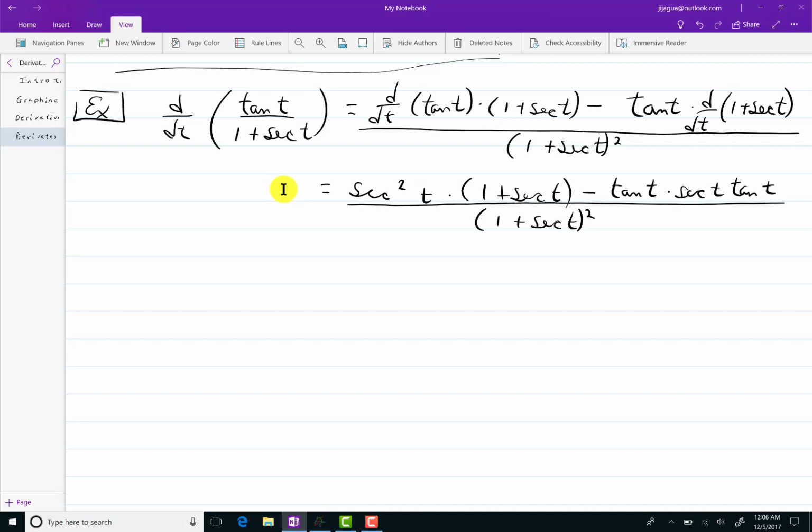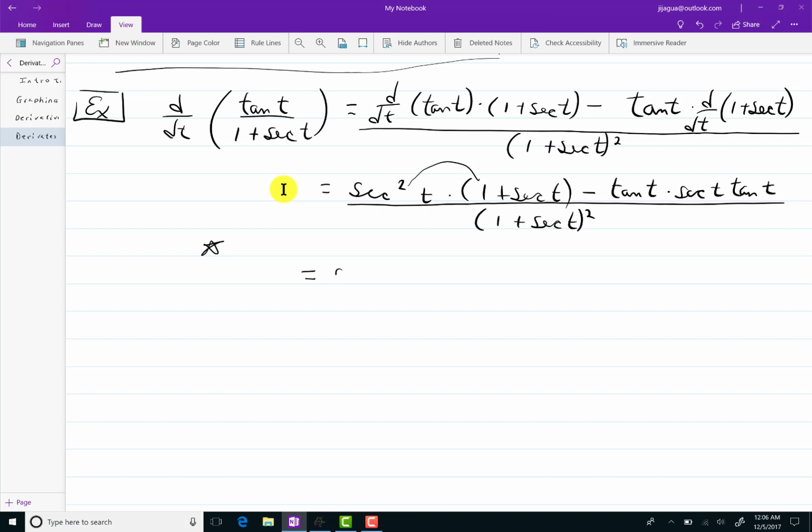That's as far as you've got to go, but I'm going to see if I can do any kind of simplifying. To be honest, I don't really see it here. If I multiply this out, I'll get secant squared, but then I'll have secant times tangent squared. I'll put a little star, because you do not have to do this, but I think it is beneficial as a learning exercise.